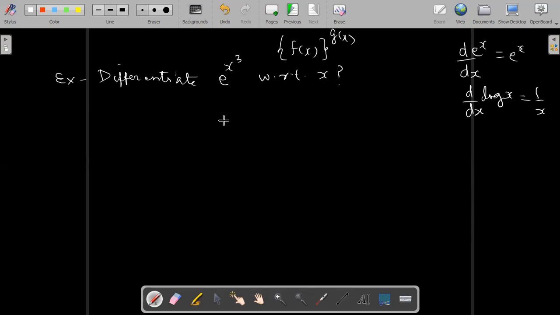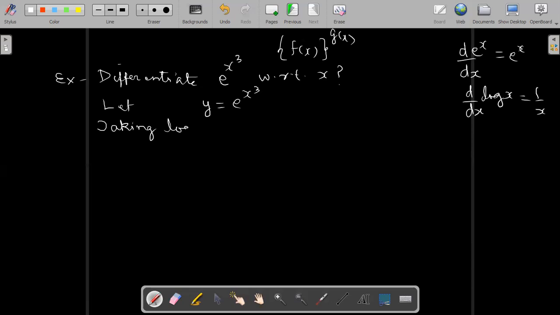This is our question. Whenever we see function to the power function, let y is equal to e to the power x cube. Then before differentiating, take log on both sides. Why are we taking log? It will make it easy.